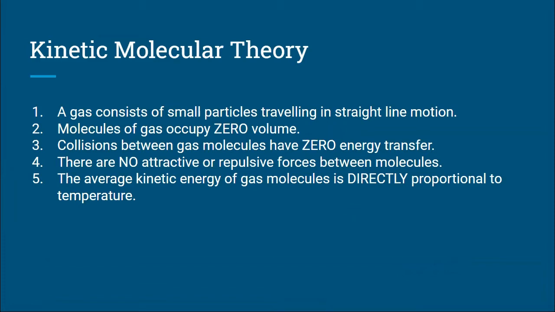The fourth part of the kinetic molecular theory is that there are no attractive or repulsive forces between gas molecules. So if you think about these gas molecules bumping into one another, we know that atoms contain protons, neutrons, and electrons. 2 of those subatomic particles have charge. Protons are positive and electrons are negative.